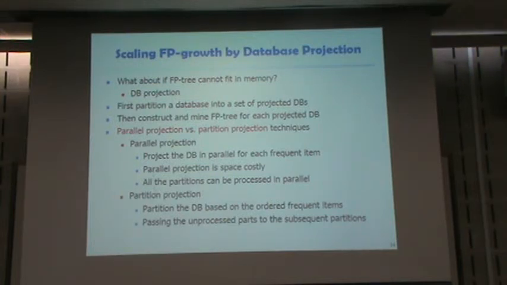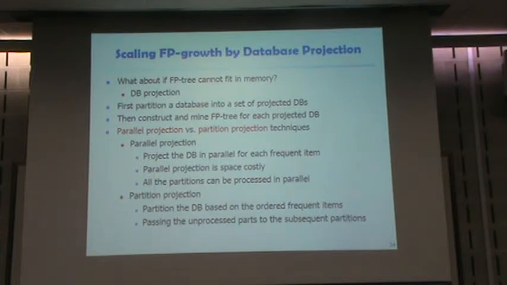So sometimes, even though we are going to reduce the database scan using the FP3, what if our data set is too huge? So still, at that time, FP3 itself is very big, which is not enough in the memory.